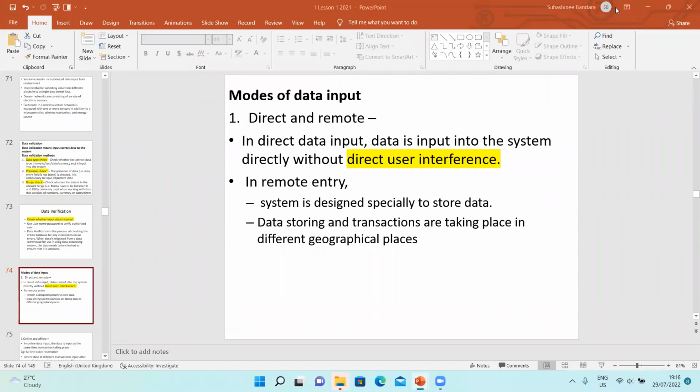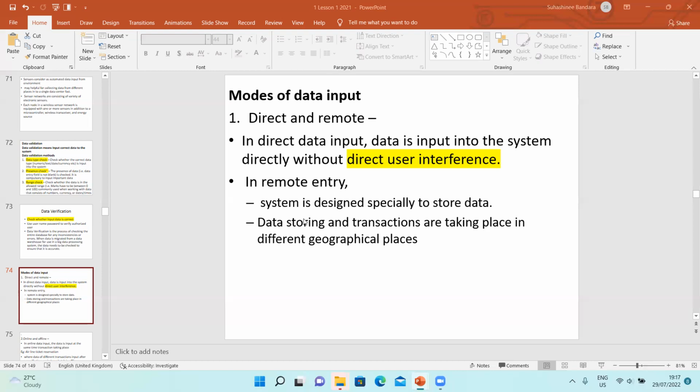Modes of data input. We can input data directly or remotely. In direct data input, data is input to the system directly without user interference. In remote entry, the system is designed specially to store data where data storing and transactions take place in different geographical places.